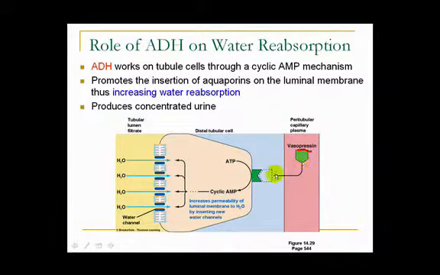And it will travel in the blood and will bind to a receptor on the distal convoluted tubule cells or the collecting duct cells, and through, guess what, a secondary messenger, your cyclic AMP pathway, it will cause the protein synthesis of more aquaporins, which are protein channels, that will be inserted in the lumen side of your epithelial cell, and that will speed up water reabsorption in those distal convoluted tubules.